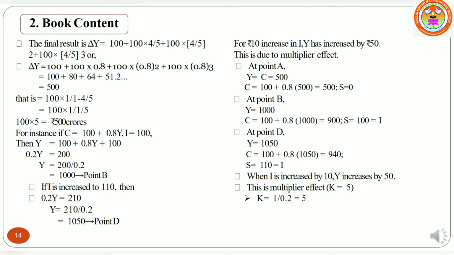How much are we getting? 160. 100 into 4 by 5 the whole cube, we will get 240.